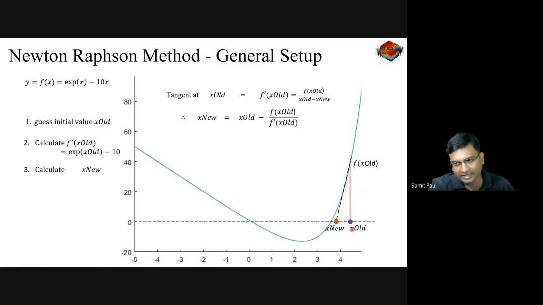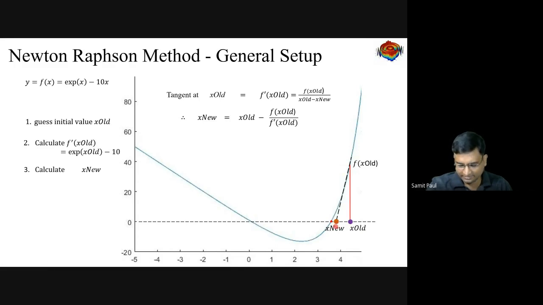Now see, x new is closer to the root. This is the root. Initially, I took x old, which was a little away from the root. Now I have taken the derivative and I have calculated x new. X new is closer to the root.